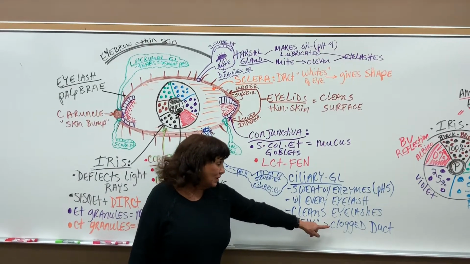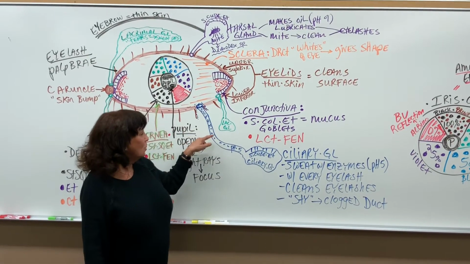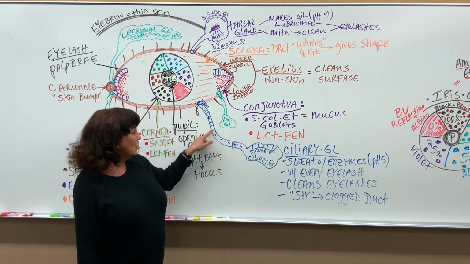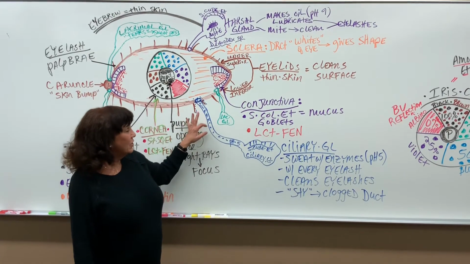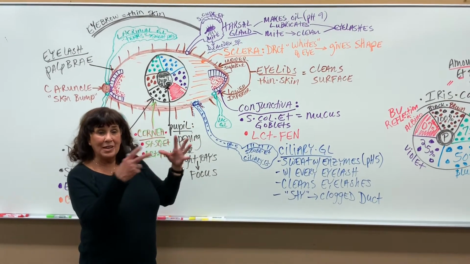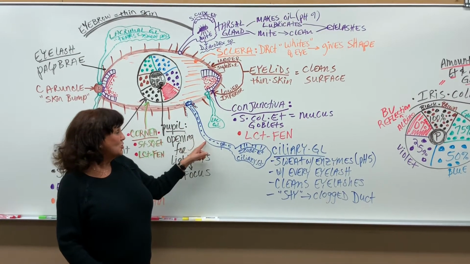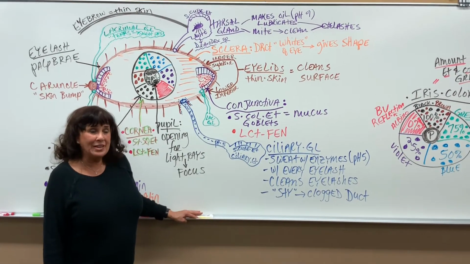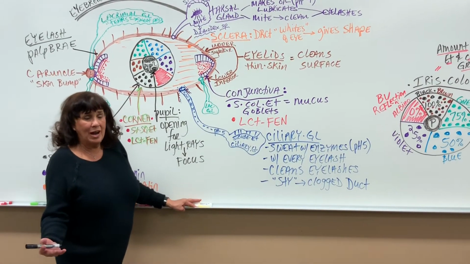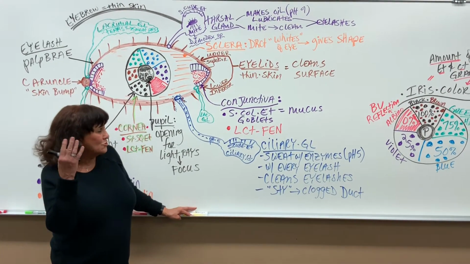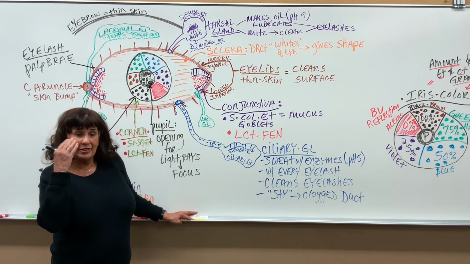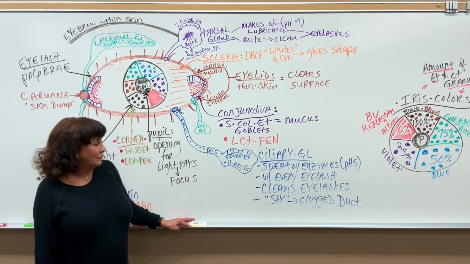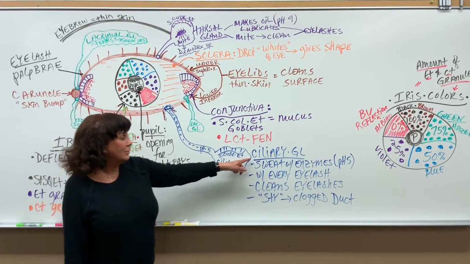And so what happens is the duct gets clogged with crud from your eyes, and so then bacteria in here will start reproducing and make it explode, become very large, and so that's why the whole thing swells up. And then usually adding heat to it with a hot water wash rag, usually after a couple hours, if you keep doing that, it will just pop like a pimple and you'll get relief. Okay, so those are called ciliary glands.